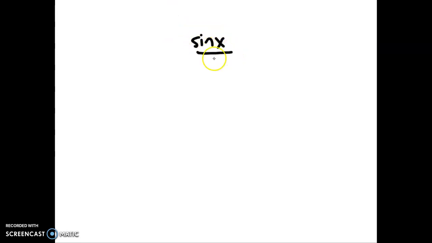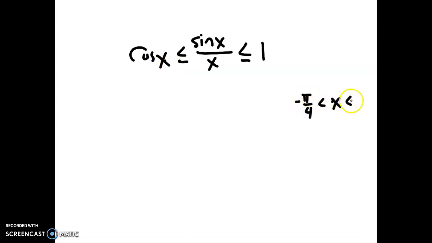So I know that over some small interval, sine x over x is less than 1, and sine x over x is greater than cosine x. My interval could be, it doesn't really matter what values I choose as long as it's true. Between negative pi over 4 and pi over 4, this is a true statement.